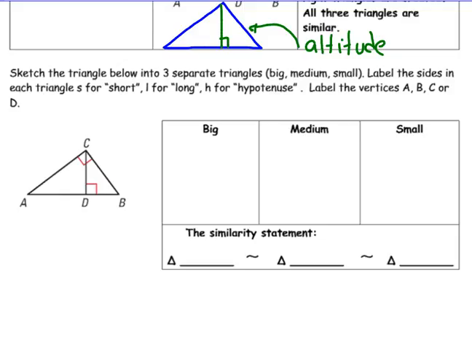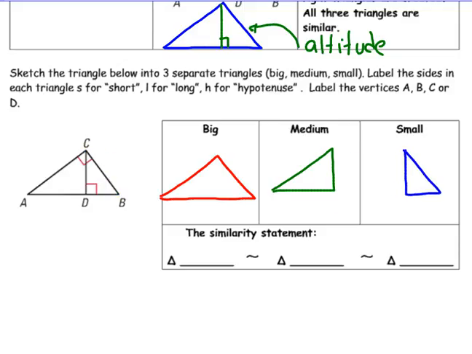So if we have the large triangle, and I drag that over here, then I draw the medium-sized triangle, and drag that over here. And I finally draw the small triangle. And I drag that over here. Those are your three triangles that are going to be similar.